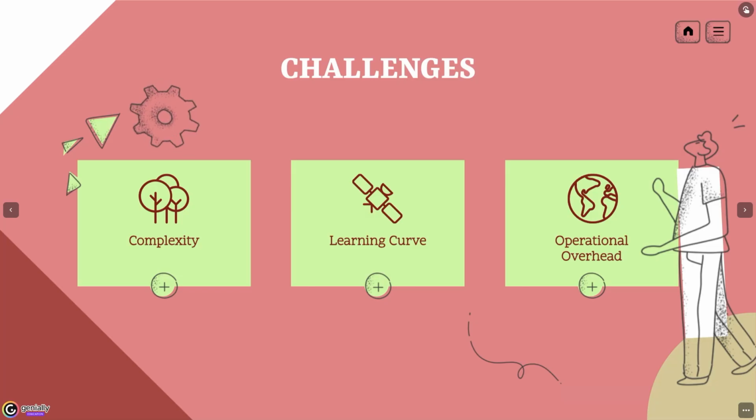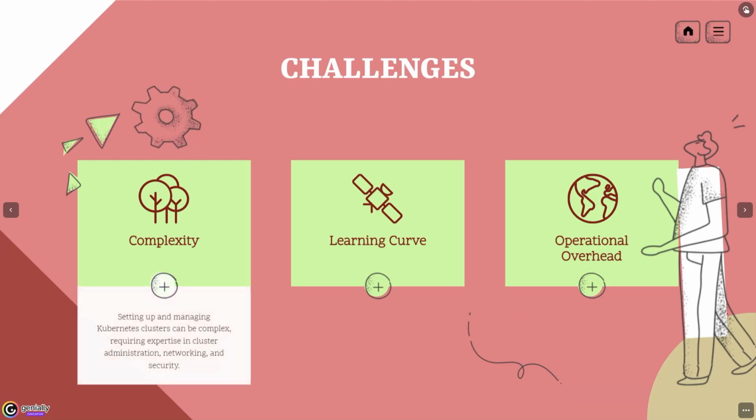There are some challenges of using Kubernetes. One is complexity. Setting up and managing Kubernetes clusters can be complex, requiring expertise in cluster administration, networking, and security. Next one is learning curve.